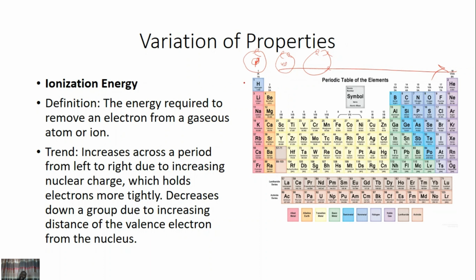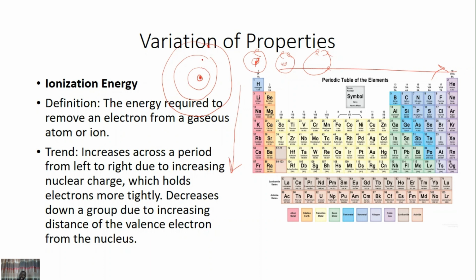Now, when you are going down the group, the story is different. Because as you are going down, the number of shells increases. As the number of shells increases, the distance between the nucleus and the outermost shell increases.